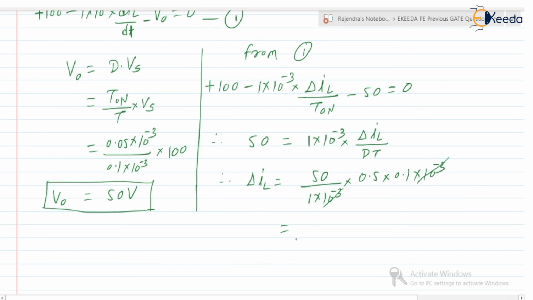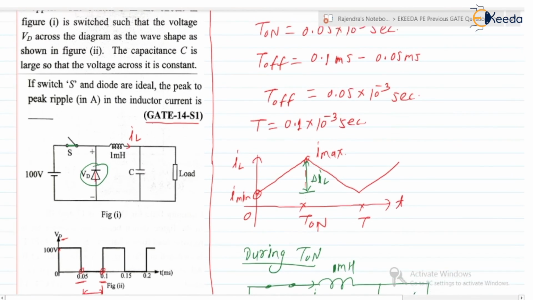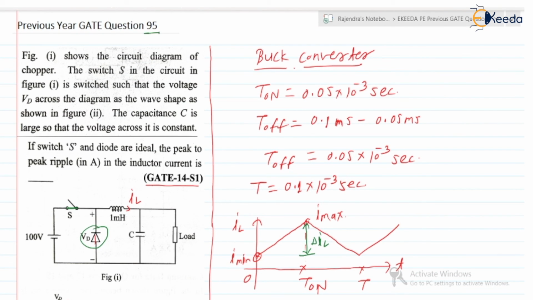So it is equal to 50 into 0.5 into 0.1, which is 2.5 ampere. This is delta IL, the peak to peak ripple in the inductor current. So this is about question number 95. Thank you.